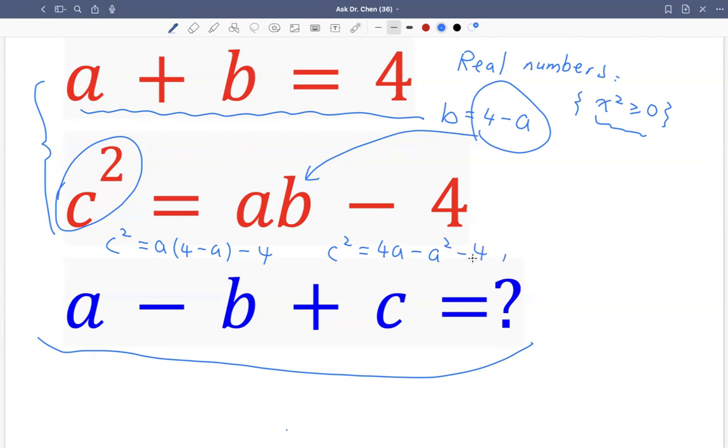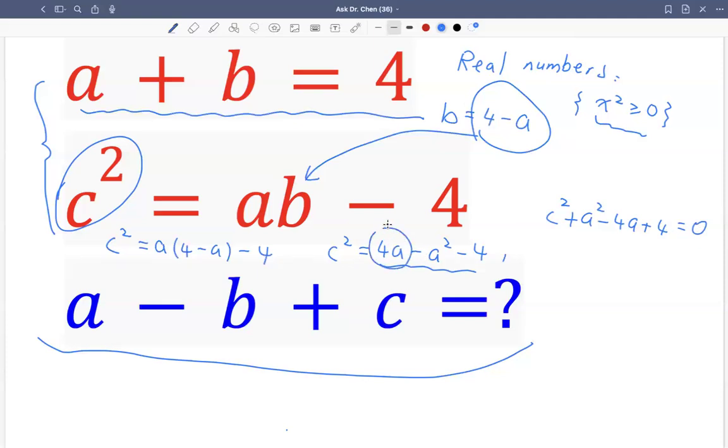Right? If we move every term to the left-hand side, we get c squared plus a squared minus 4a plus 4 equals 0.